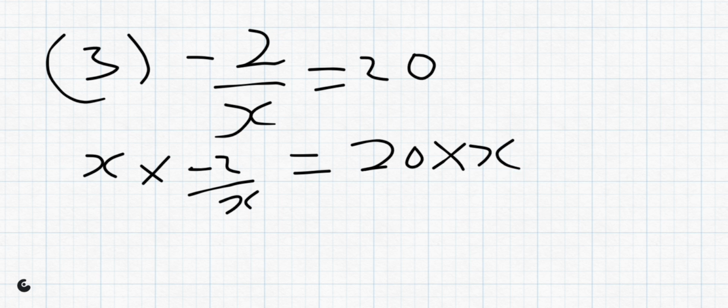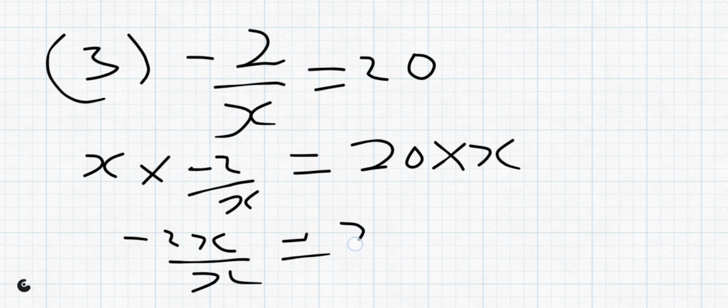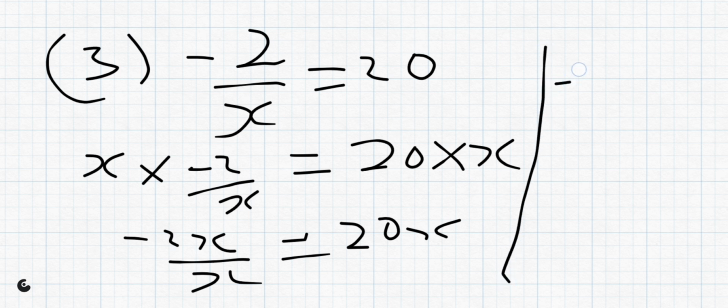Now x will go with x, as we are going to have minus 2x all over x is equal to 20x. Minus 2x divided by x will give us minus 2. So we are going to have minus 2 is equal to 20x.